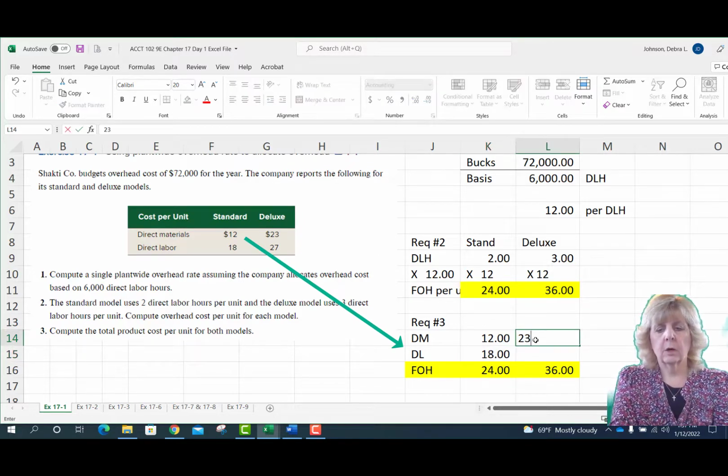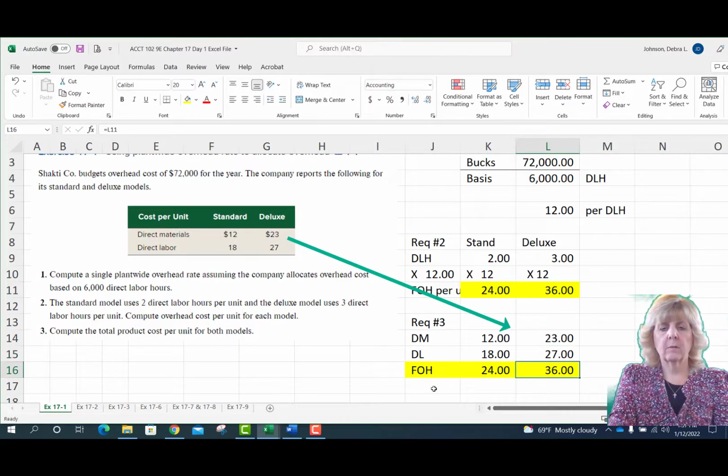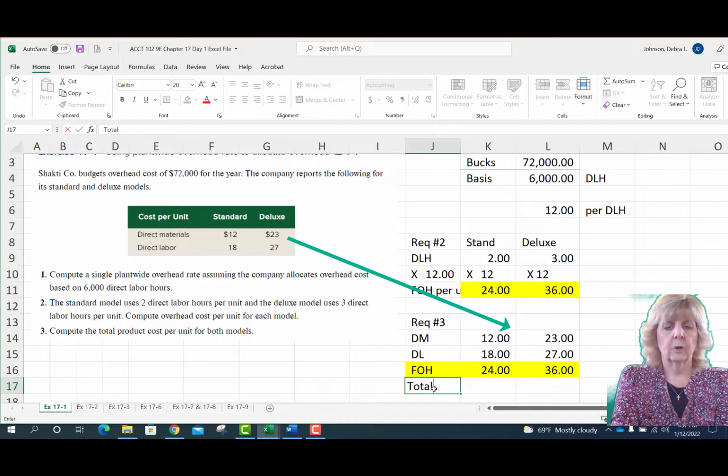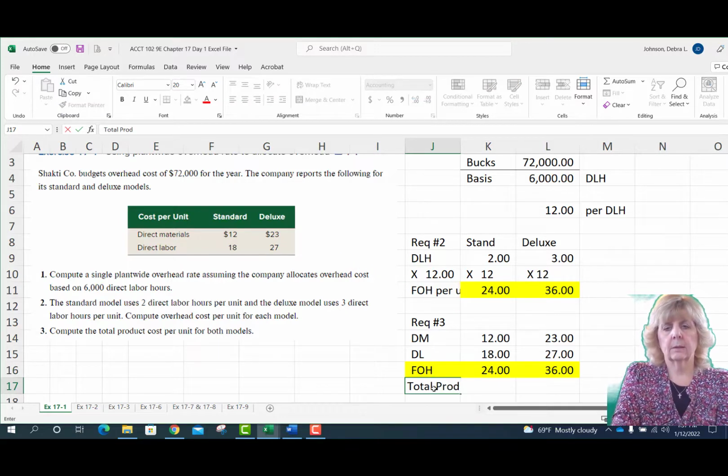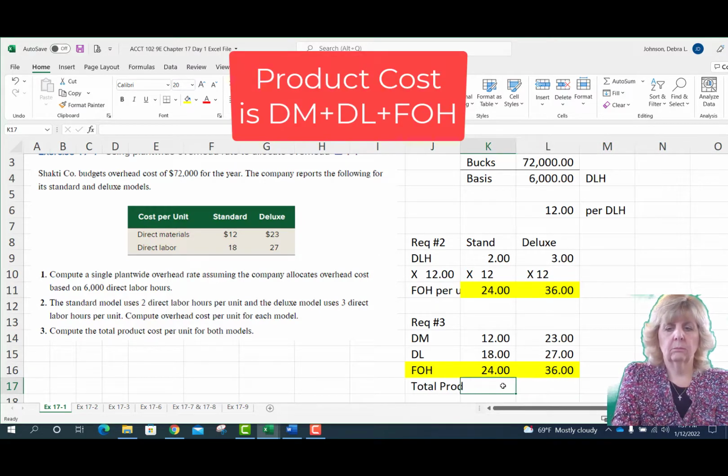And the deluxe model, 23, more expensive for materials as well as labor, and they got more of the overhead. So the total product cost, once we sum those up, that would give you the answer to requirement 3.